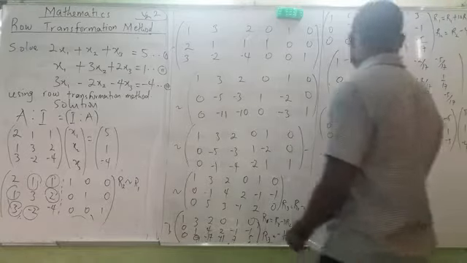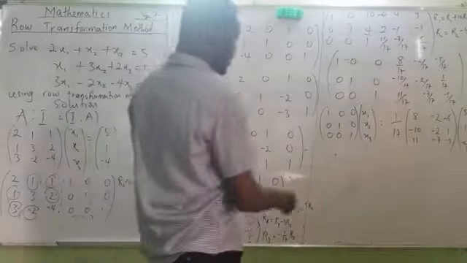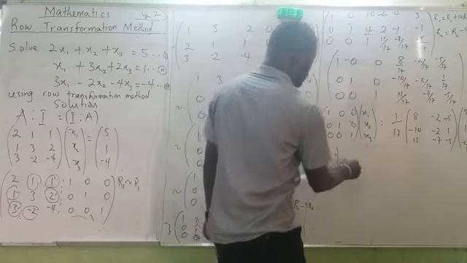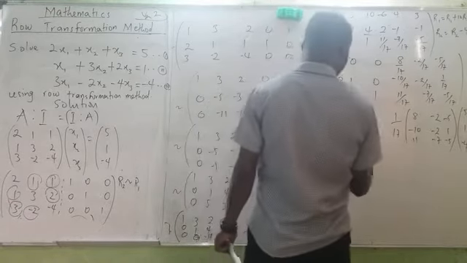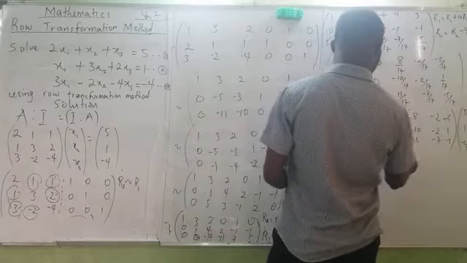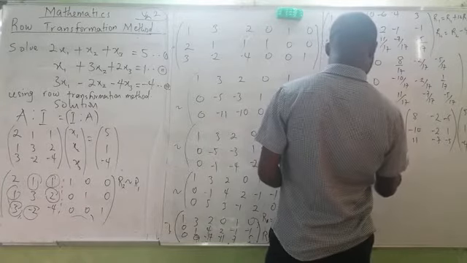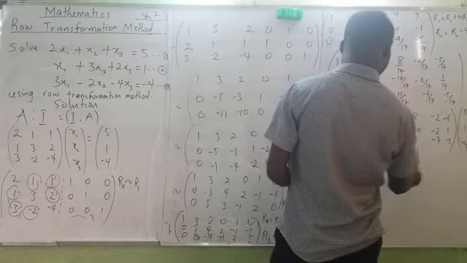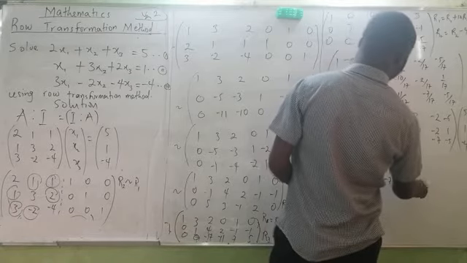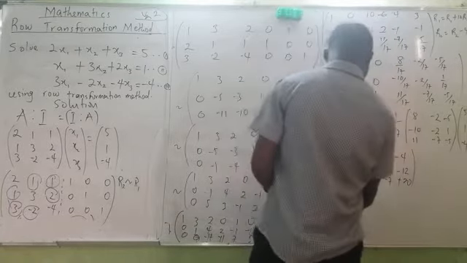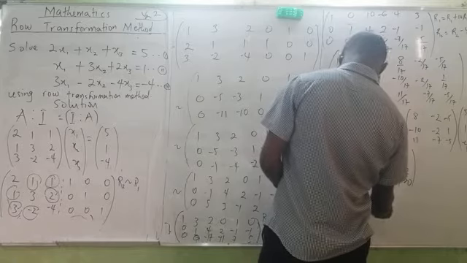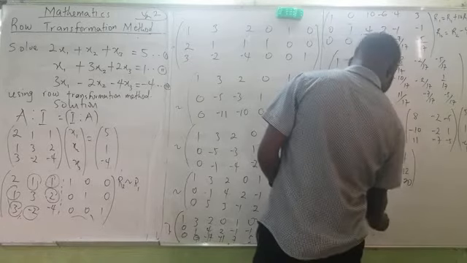Now, with the help of this, I can now say that my x1, x2, x3 can be equals to 1 all over 17 bracket of 40 plus minus 4, 50 plus 11 minus 12, 55, 7, and 20, which I'll be having 1 all over 17, which I'll be having 34, 51, and 68.